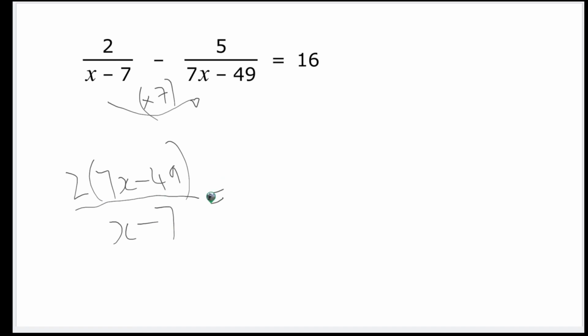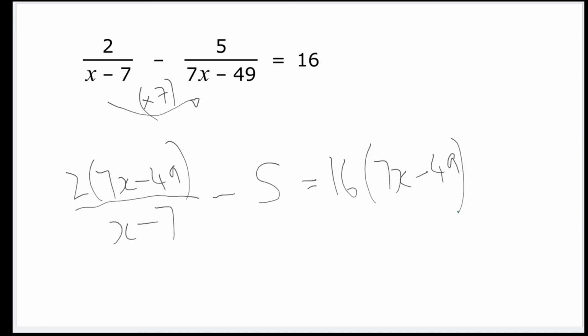It gets rid of the denominator underneath 5, so 5 is no longer part of a fraction. It is a fraction in a way, it's a numerator and the denominator is 1. And 16 is also multiplied by 7x minus 49.